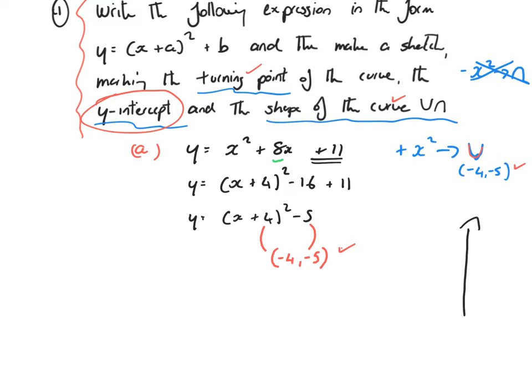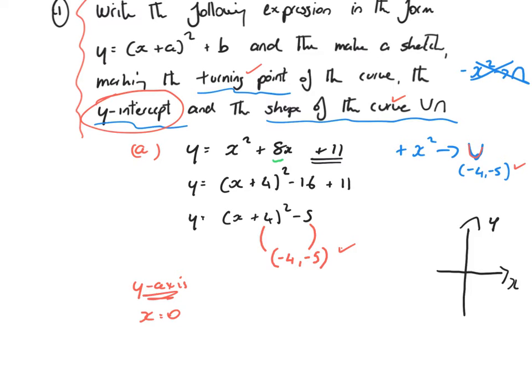Now, if you think about the y-axis, what is always true on the y-axis is that x is equal to 0, the x-coordinate is equal to 0. So what we know for definite then is that when we hit the y-axis, the x-coordinate is equal to 0. So let's take a note of that. At the y-axis, x equals 0, and that's always true, and that's a vital piece of information.